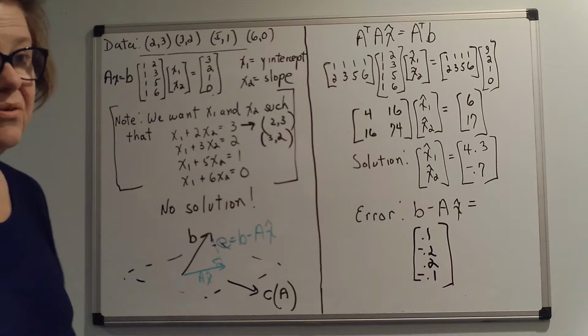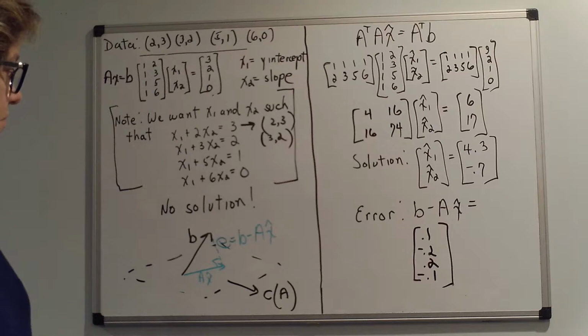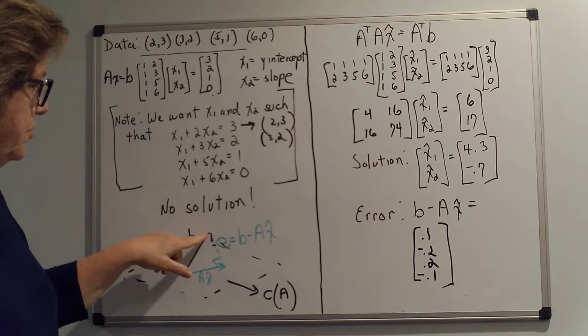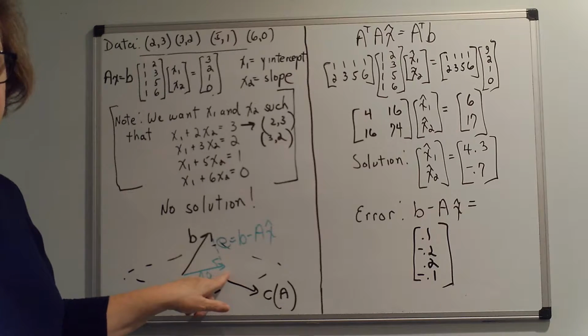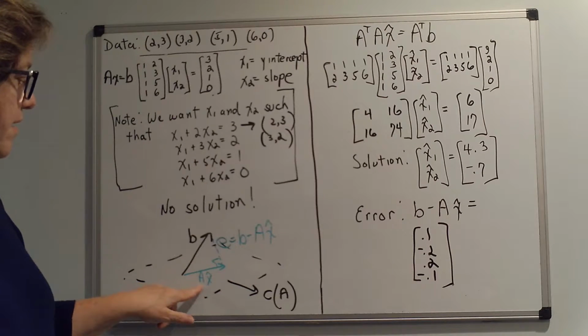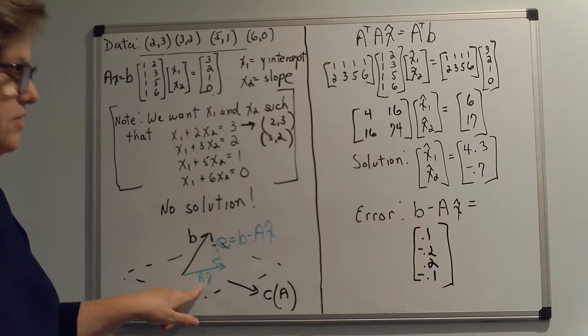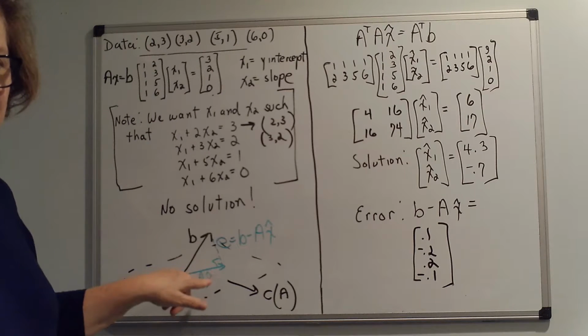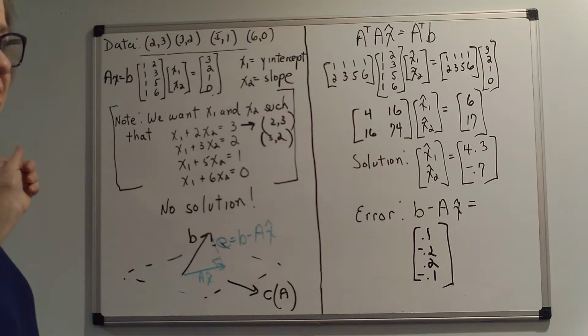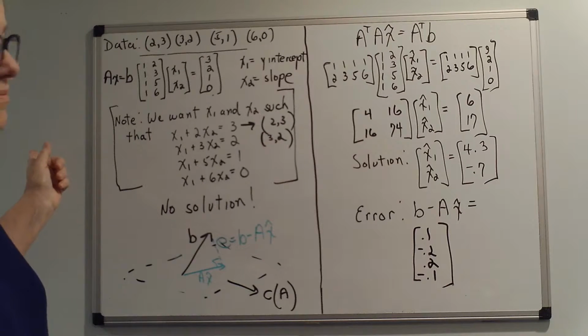So what we do is we use projections. We say, okay, I'm going to project b onto the column space of A. And that's going to give me the vector A x hat, where x hat is something in our original space.